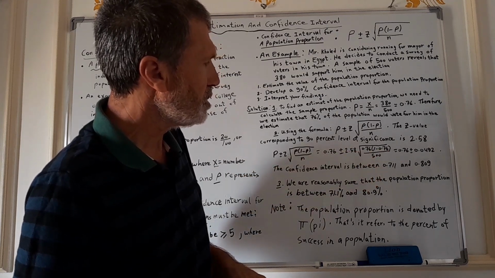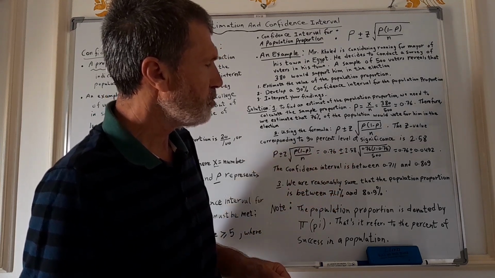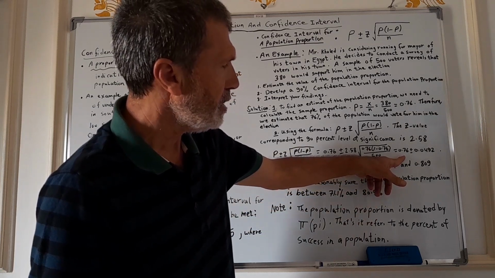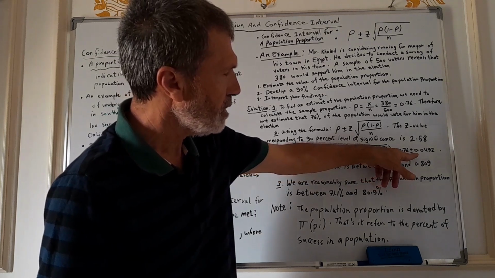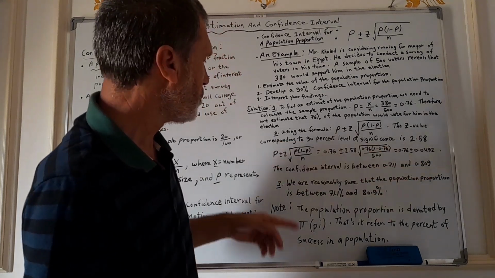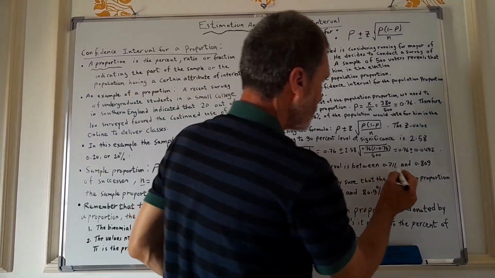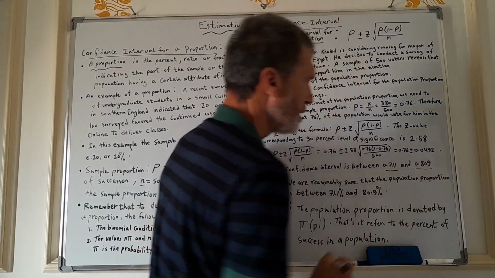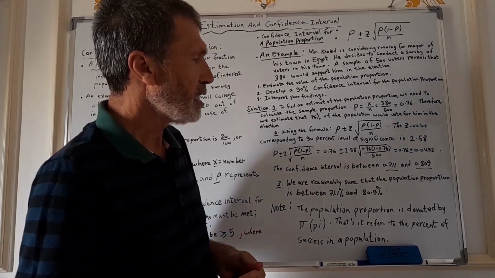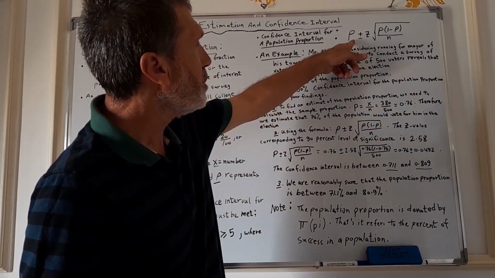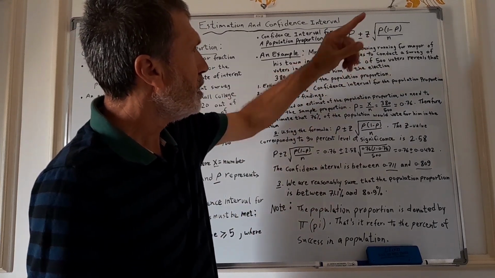After simplifying this calculation, we come up with this interval, 0.76 plus or minus 0.0492. The confidence interval is between 0.11 and 0.89. This is the confidence interval calculated using the formula for a population proportion written up here.